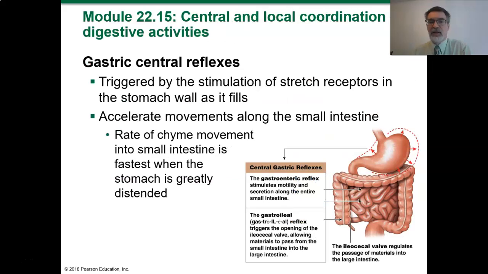Gastric central reflex, again, is triggered by stimulation of the stretch receptors in the stomach wall.